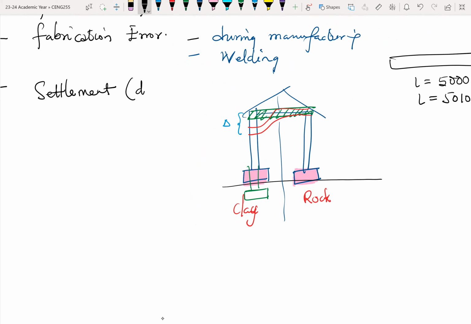So when the settlement of the structure happens in the sense that one area deflects more than the other, that is differential settlement, and we try to prevent that in structures because otherwise this can easily cause cracks in the buildings, and then over time it will lead to overall failure of the structure.